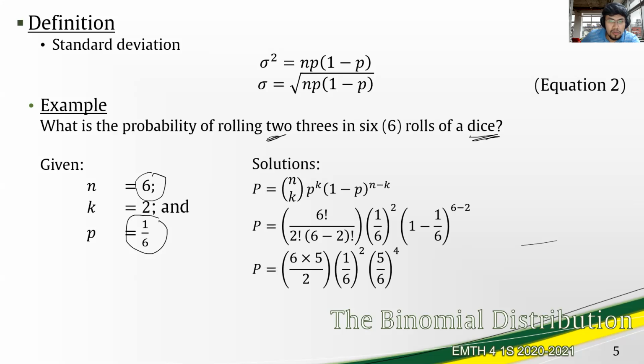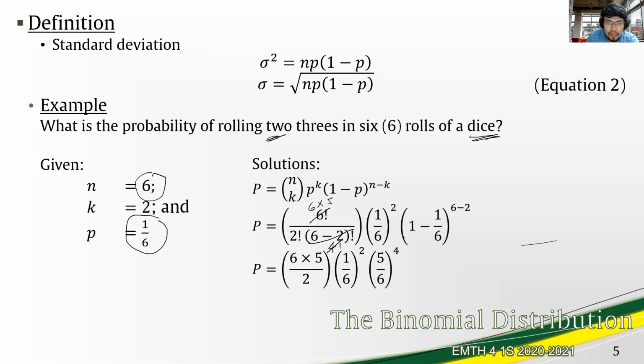That's the simplification. We simplify because this is going to be 4 factorial. So we simply remove this one, and this becomes 6 times 5. That's why we get this one.